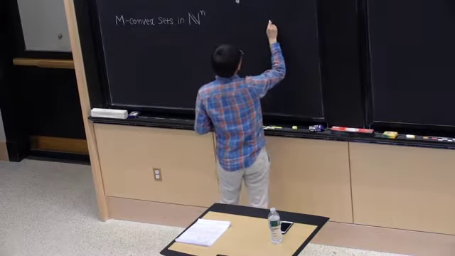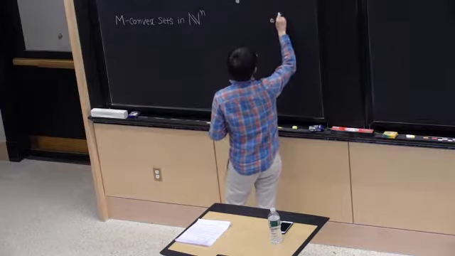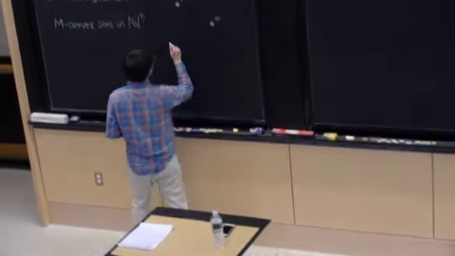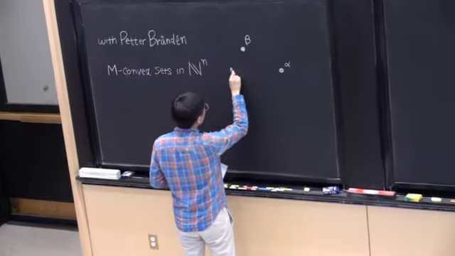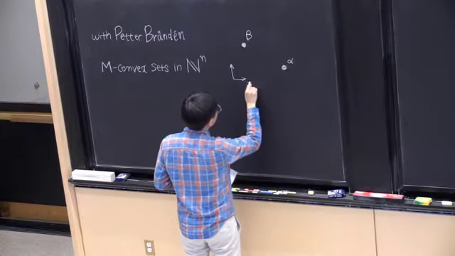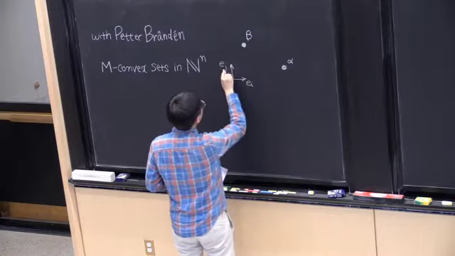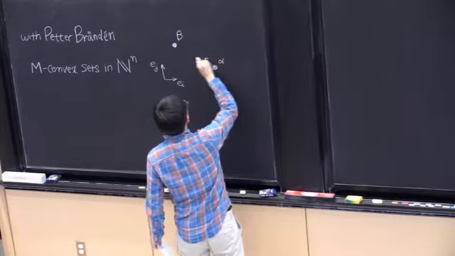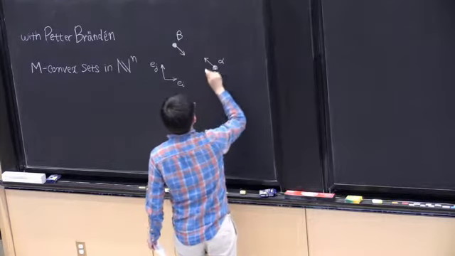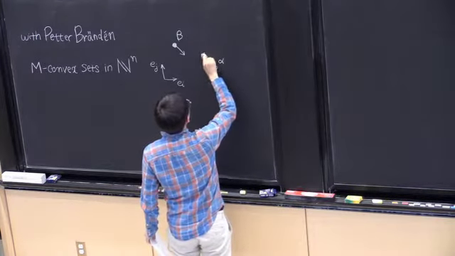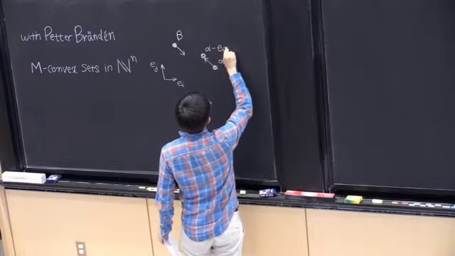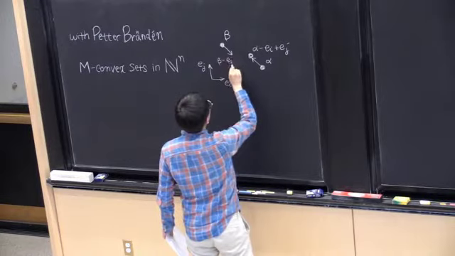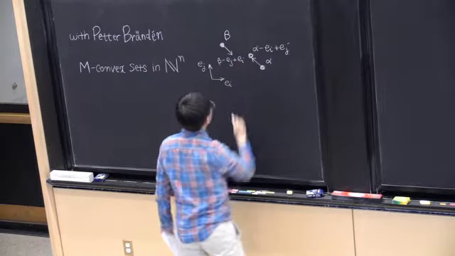So the property is that whenever you have two points in your convex set, alpha and beta, and given the standard directions e_i and e_j, you want your convex set to contain these two new points: alpha minus e_i plus e_j, and beta minus e_j plus e_i.